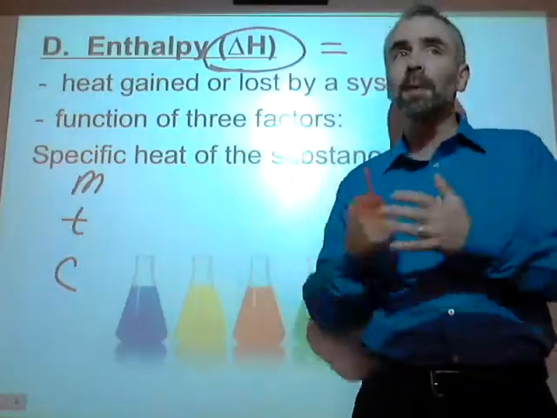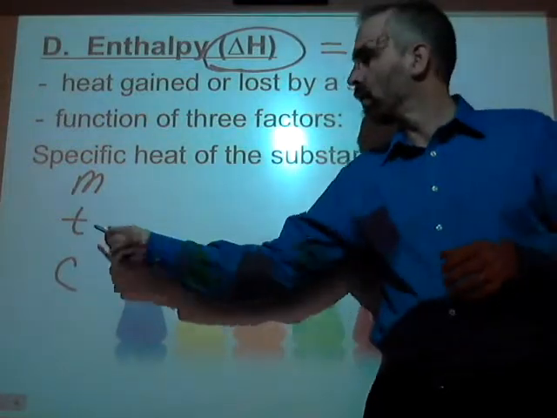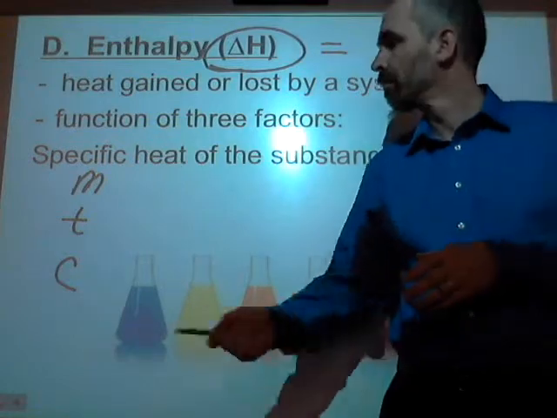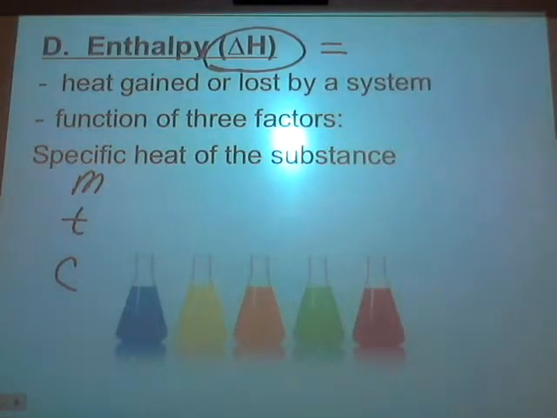What does mass have to be in? Grams, right? What does temperature have to be in? Degrees Celsius. And what are the units for specific heat? Look at Appendix E. Now put all that together and figure out what the equation has to look like.